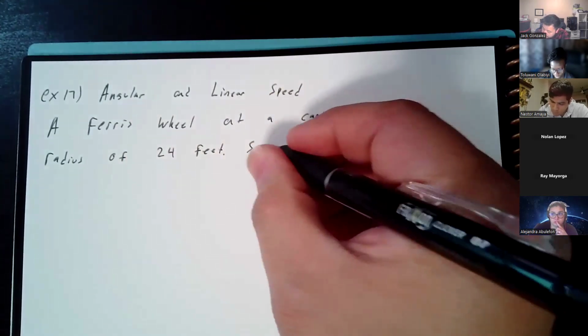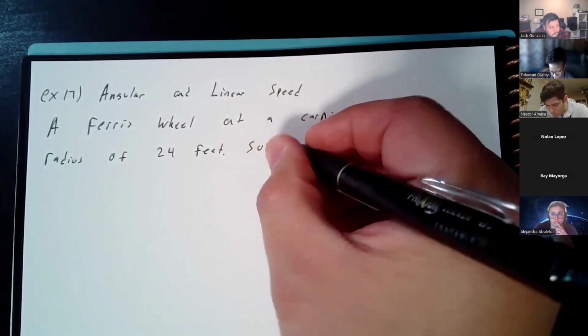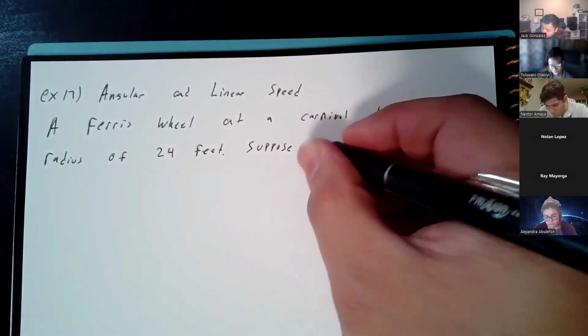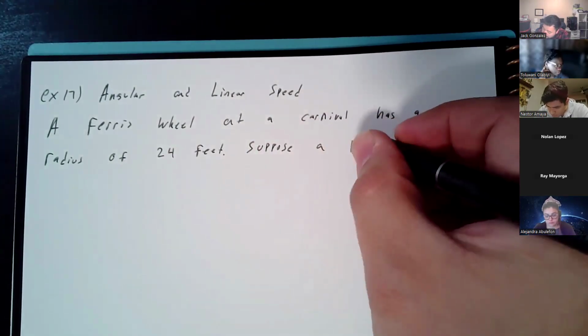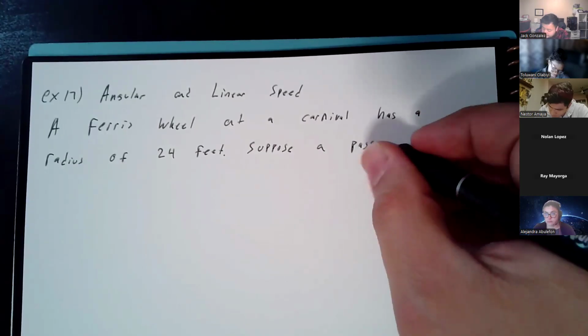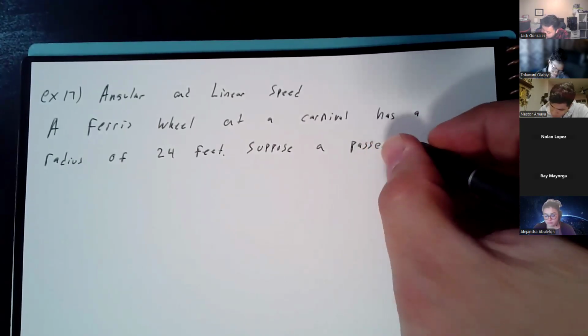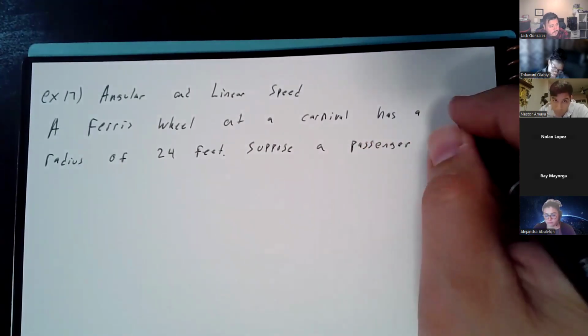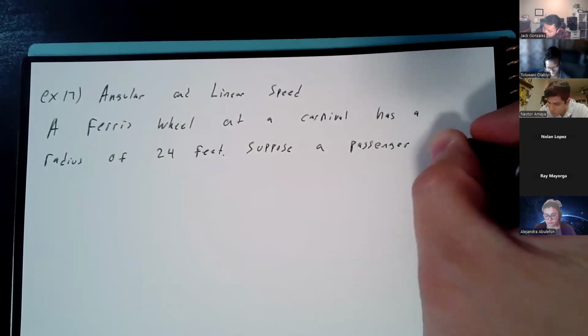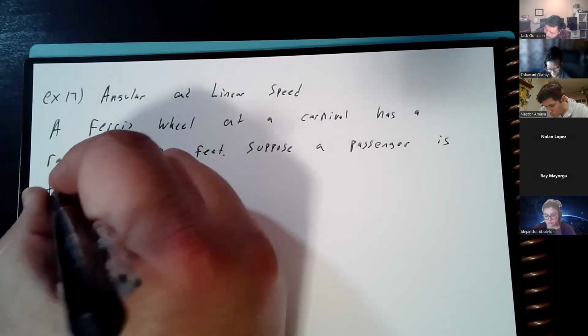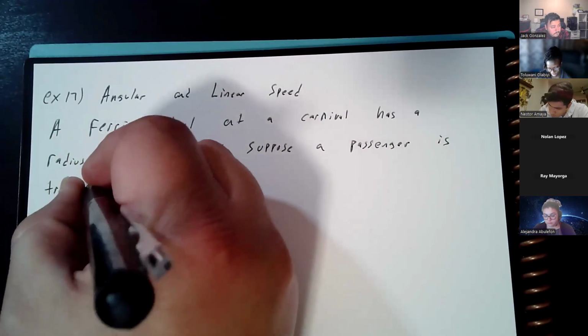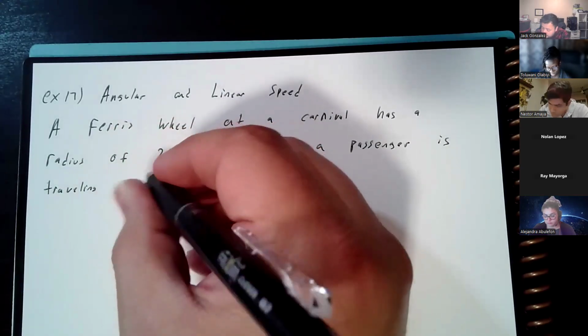Suppose a passenger is traveling at 9 miles per hour.